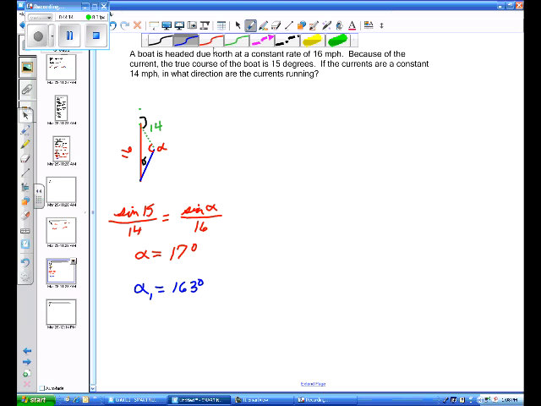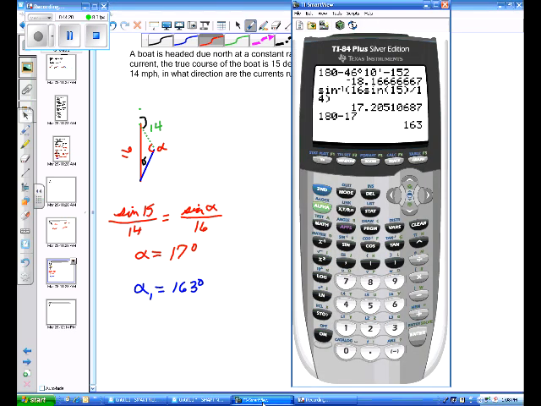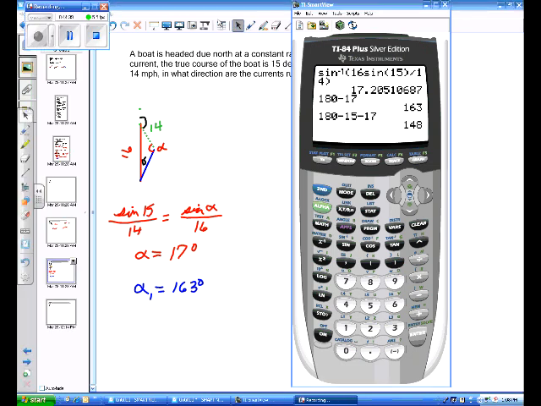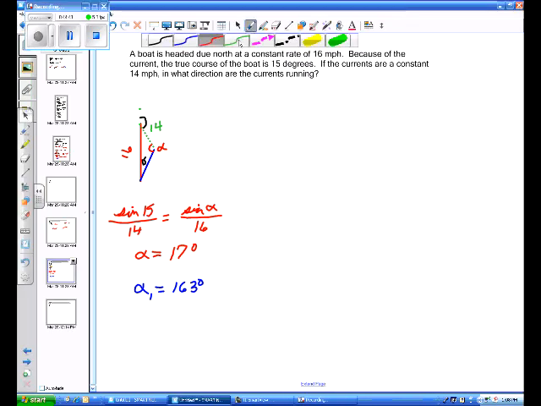Okay, so let's go through and solve it for both. If alpha was 17 and this is 15, then our angle would be 180 minus 15 minus 17. Okay, our angle up here, let's call that angle up there beta.